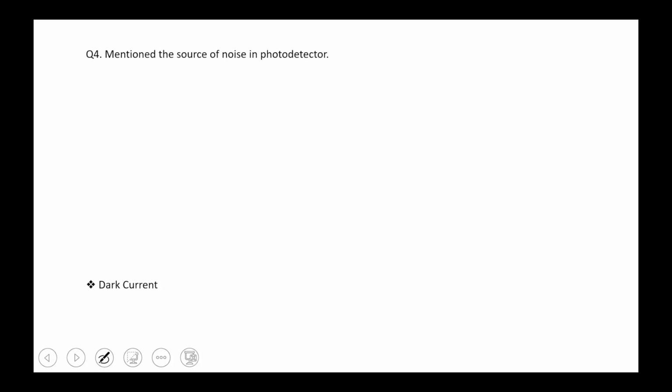I previously explained that question also; we discussed noise in the first class and between classes also. What type of noise will be in the photodetector?